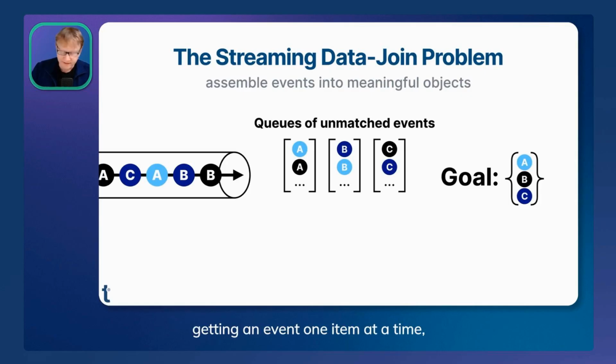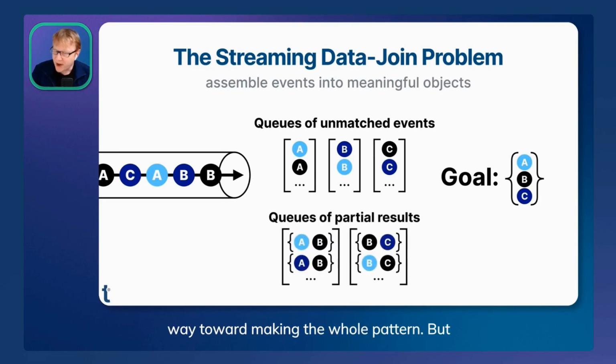Since we're only getting an event one item at a time, we've got to hold on to the A's somewhere, we've got to hold on to the B's somewhere, we've got to hold on to the C's somewhere. And so as we get one of those, they're stored in some queue of unmatched events. And then every time we get a new record, every time we get a B, we go look at all the A's and say, do we have the right match? And if we have an A-B combination that matches, great. We're on our way toward making the whole pattern. But we've got to hold on to that A-B combination.